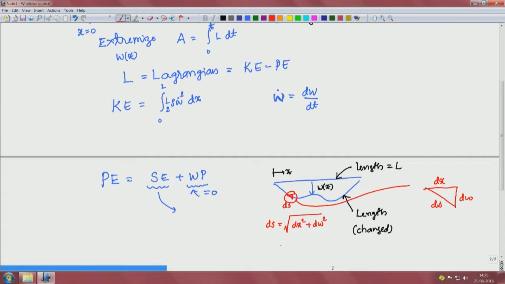Now, by taking dx outside, I can write this as the square root of 1 plus dw by dx square, times dx.